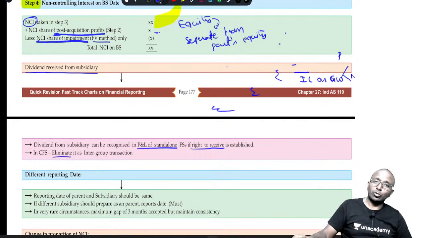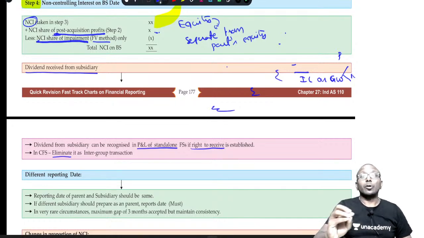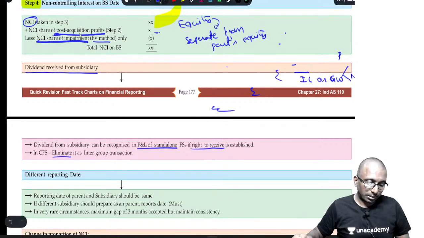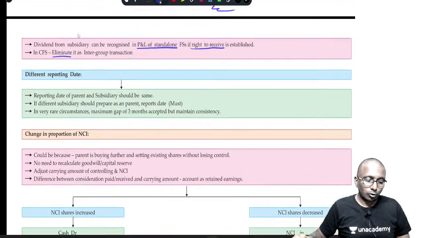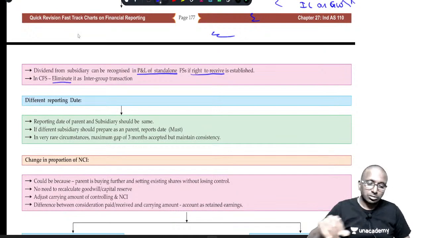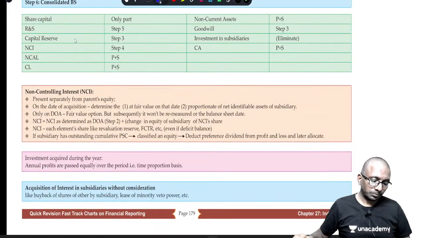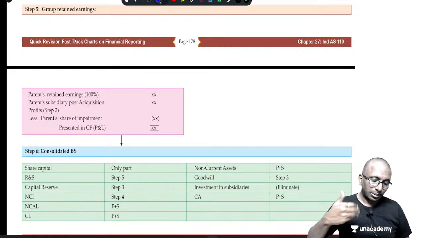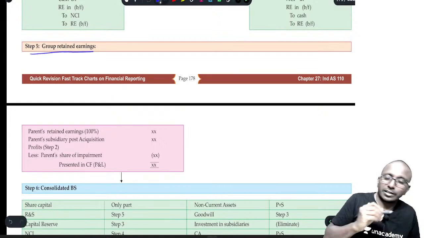Okay, step number 5. Step number 5 is nothing but group retained earnings.